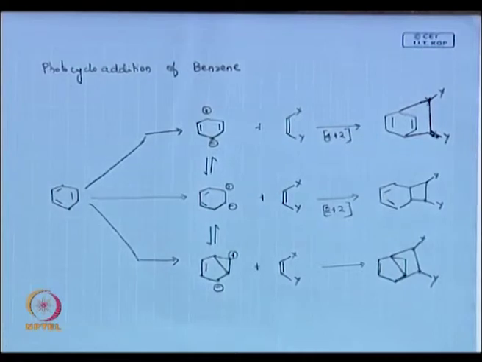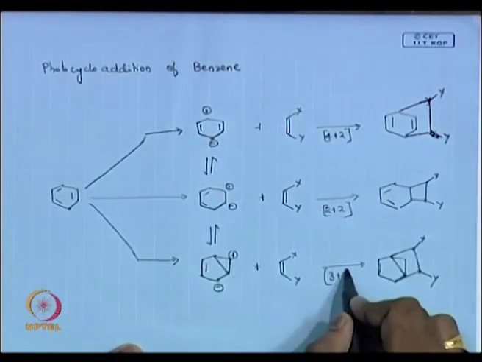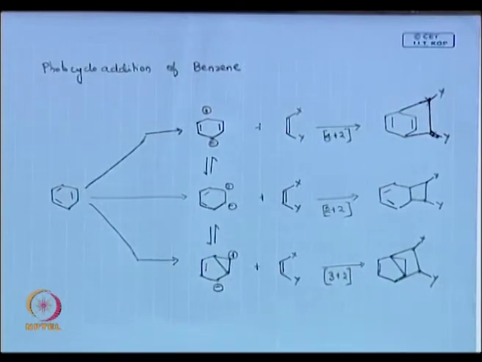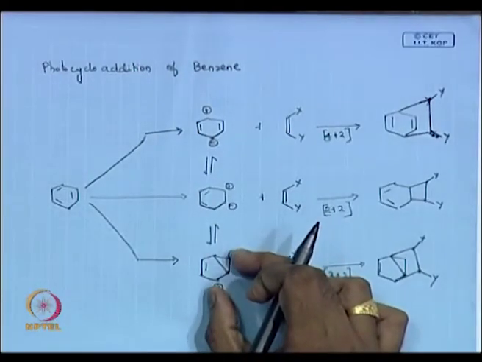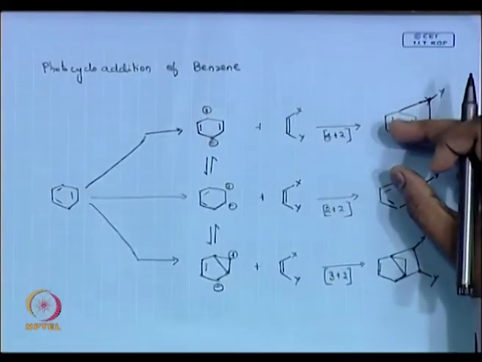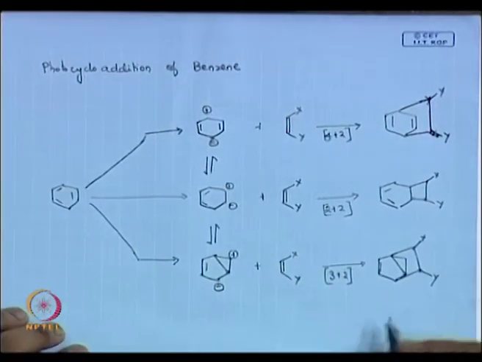This here is 3 plus 2, 1, 2, 3, okay. Just adding across this. So, I can think about 3 products, okay.